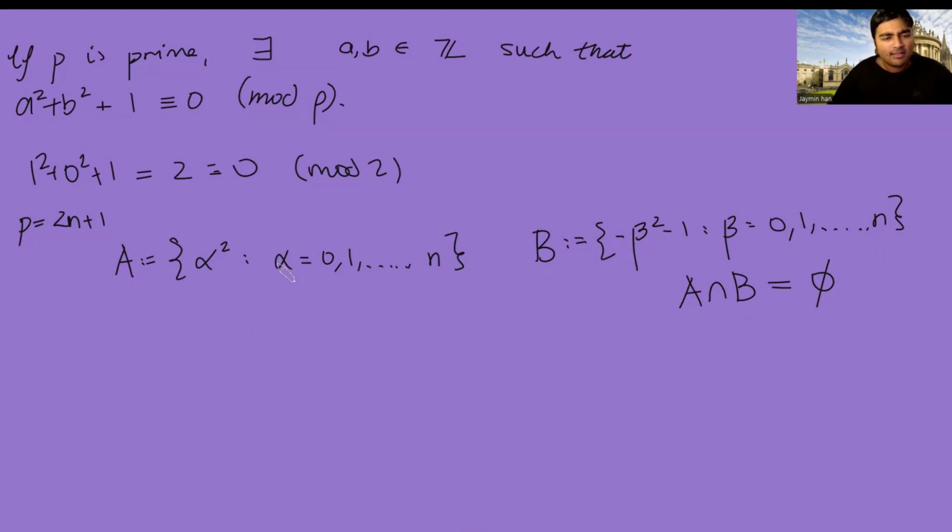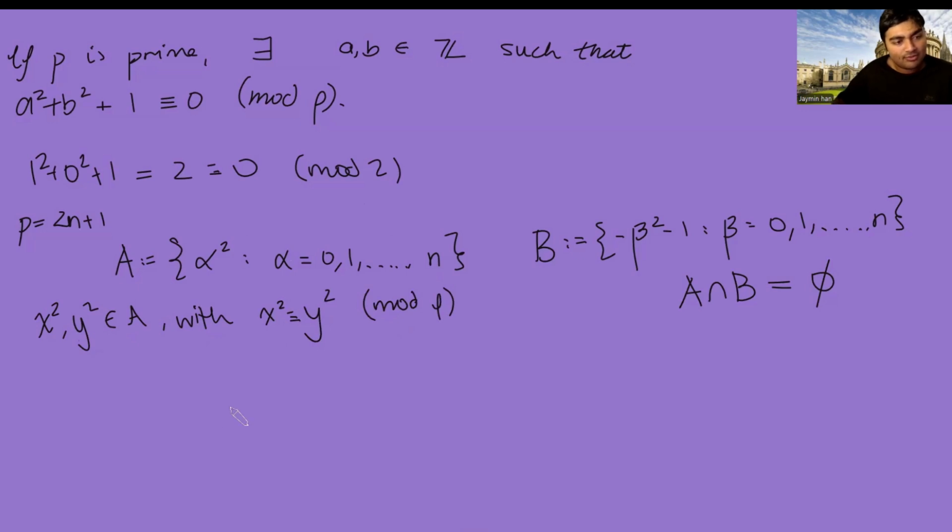Hence, there's not going to be any intersection. Okay, what else can we observe? Let's look at A. Let's say we have two different elements in A. Let's say x squared and y squared are in A, and let's suppose that they are the same mod p. So suppose we have numbers x squared and y squared in A with x squared equals y squared mod p.